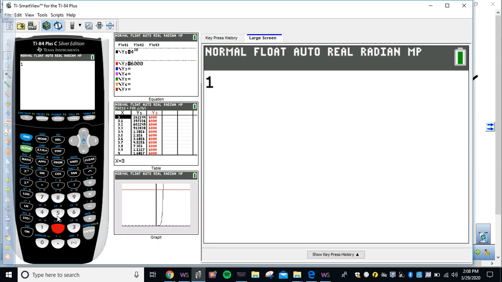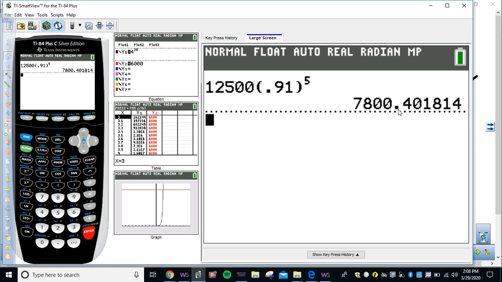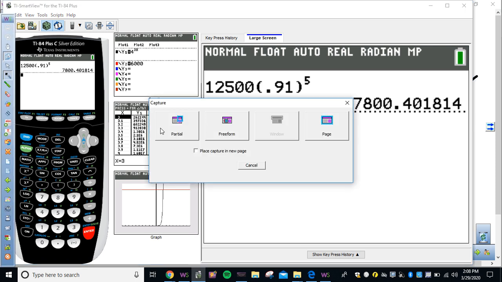So we have 12,500 times 0.91 to the 5th power. Again, remember they told us to round to the nearest dollar, so $7,800. We're not going to have the 40 cents there. So let me just copy this to the screen.